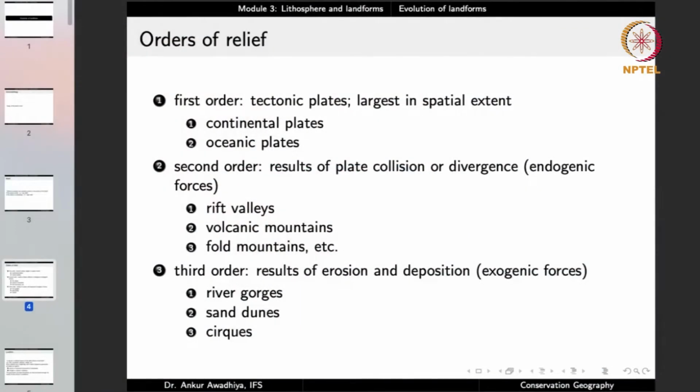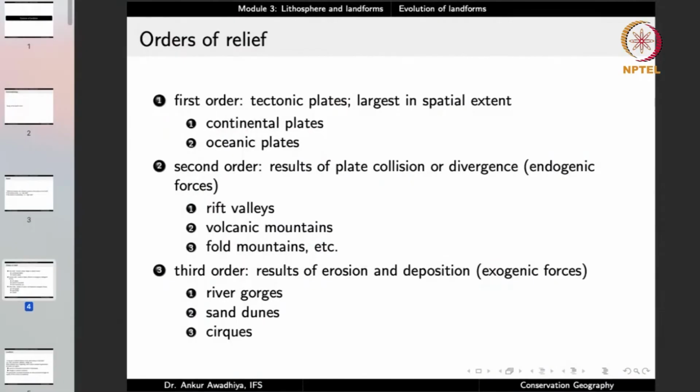The second order relief is at a much more local scale. These are the results of plate collision or divergence, that is, the result of endogenic forces. And here we talk about the reliefs of rift valleys, volcanic mountains, and fold mountains.